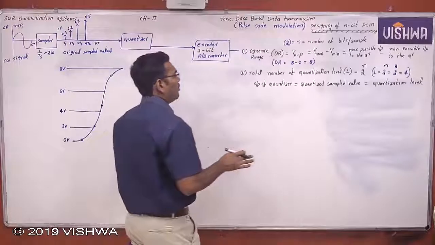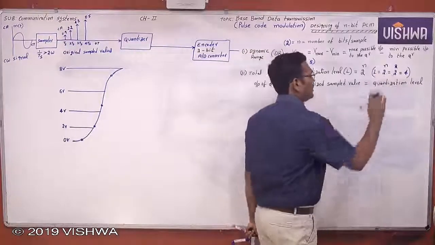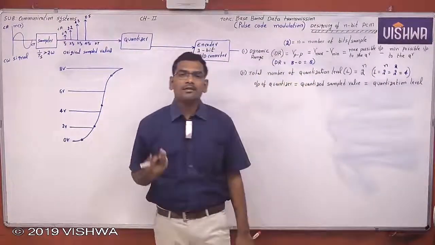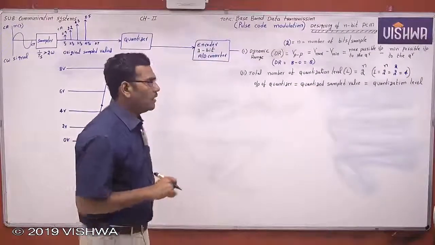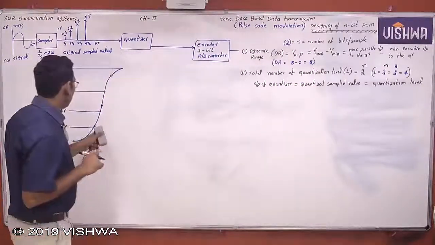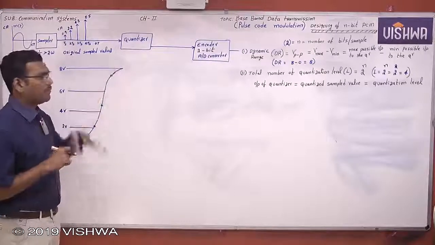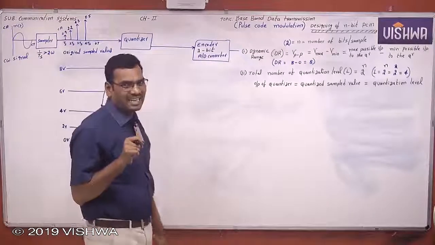Now total how many quantization levels? There are 4 quantization levels, but where should I start those 4 quantization levels? Whether I should start at 2 or 4 or 6 or 8, where should I start? So we want a reference for that.